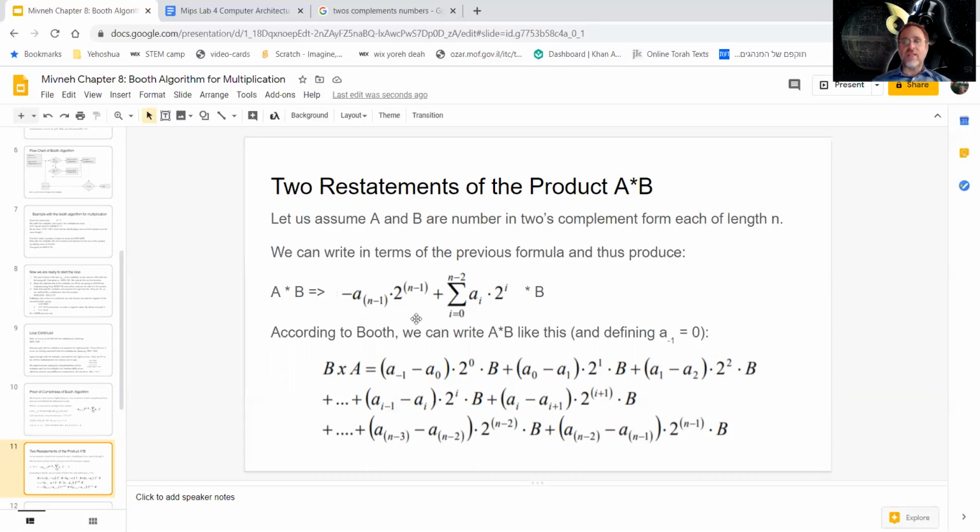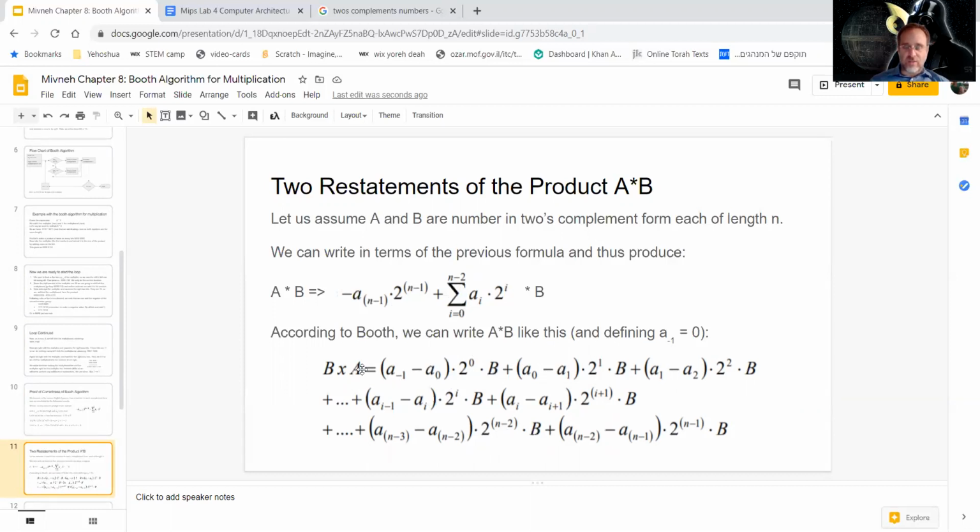Because this is A times B, not using Booth. This is just regular A times B. This is A and that's B. And if I take this Booth thing, I can turn it into this, then I've succeeded in showing you that the Booth method will produce the same result as regular number multiplication.